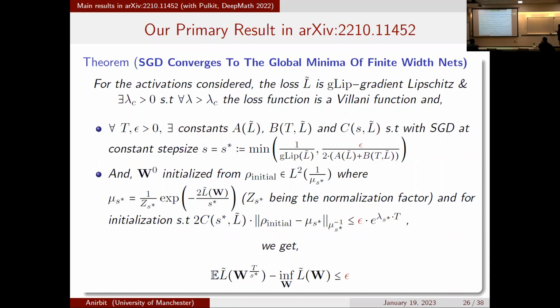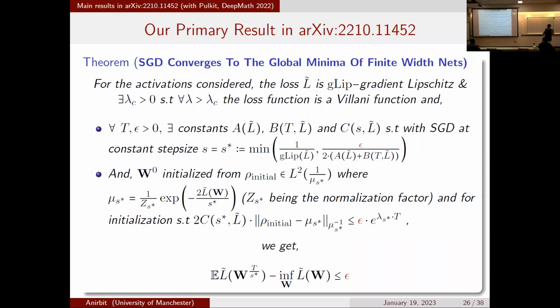It's good to note that epsilon occurs in 3 places here. One is determining the step length. One is determining the proximity of the initialization to the Gibbs measure. And that determines that you're finally close to the global minimum of the loss. T is a parameter which gives you a trade-off: if you increase T, you relax the conditions on the initial distribution from which you sample the SGD starting point.